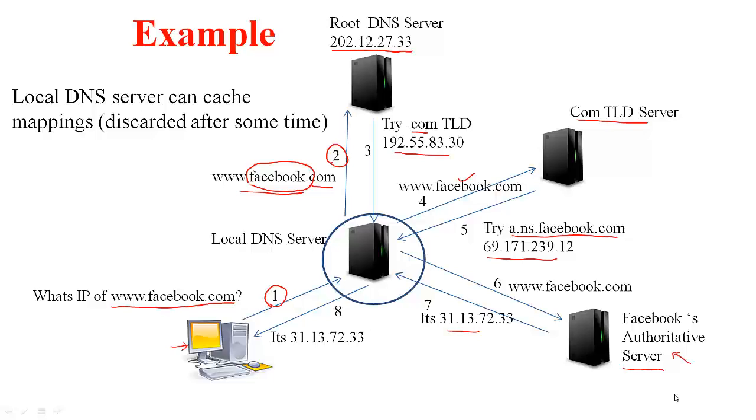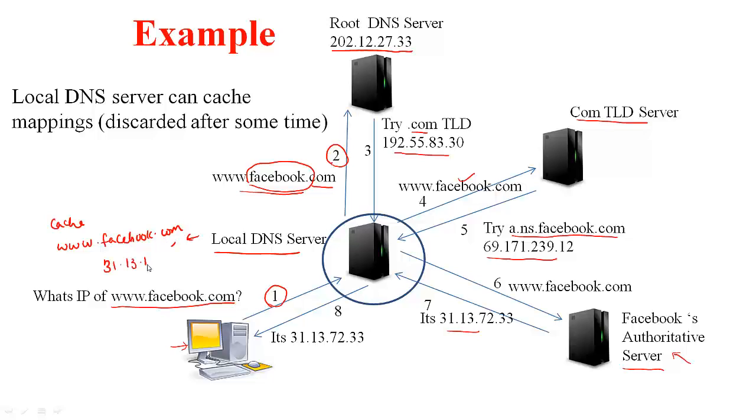In reality though, the implementations are a bit more efficient. So what this local DNS server often does is it is going to cache the entries. For example, it may maintain a cache which specifies the mapping between the facebook.com web server's host name and the IP address that corresponds to this.